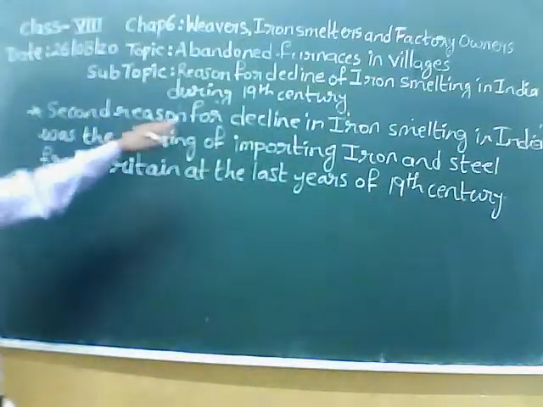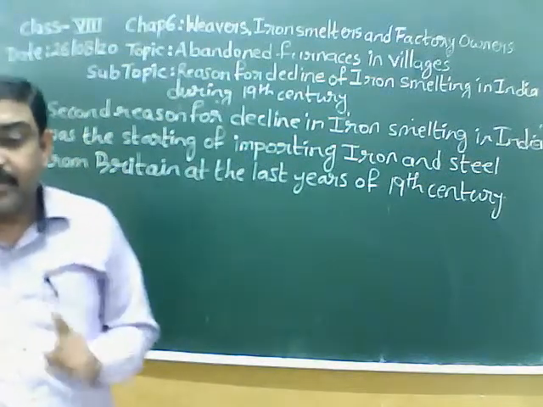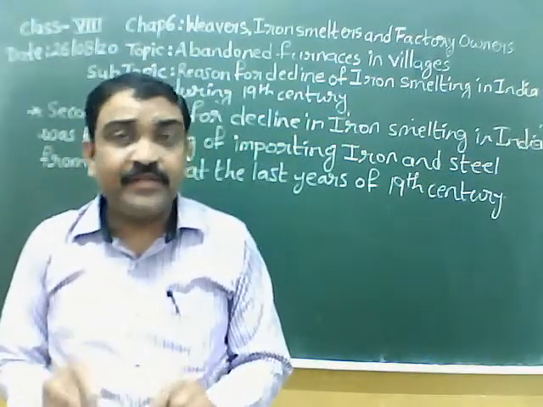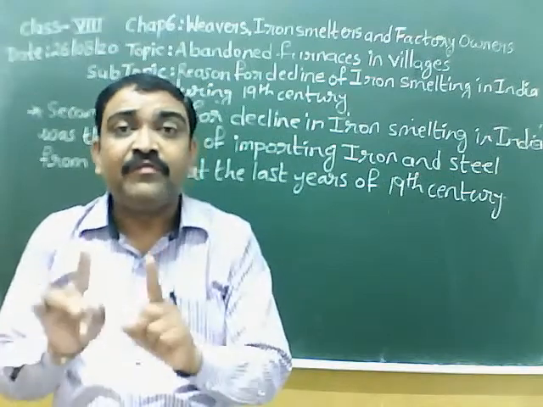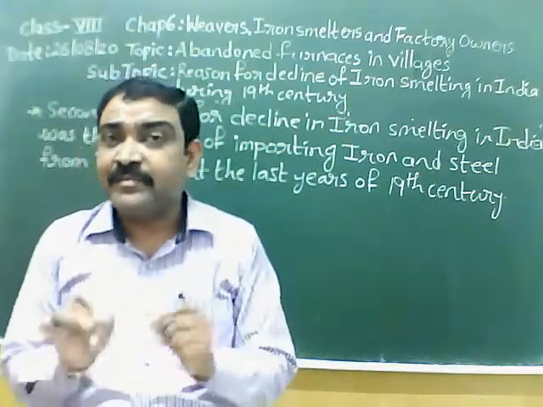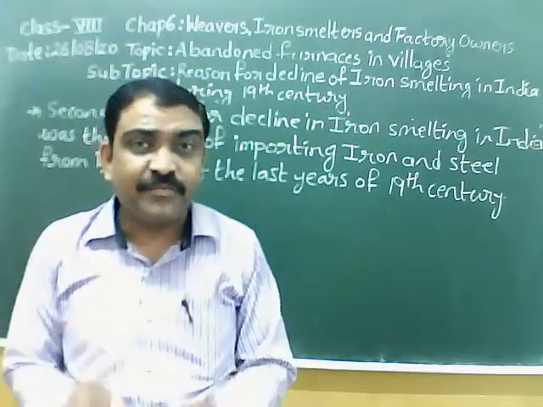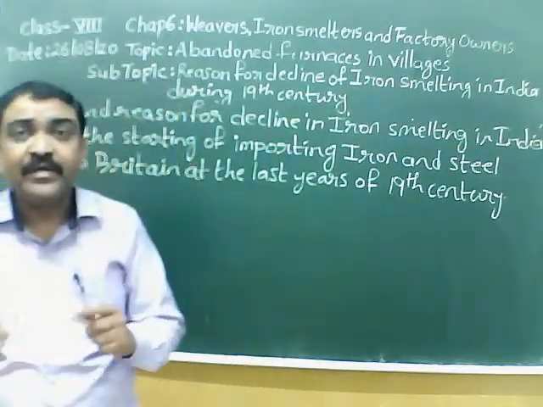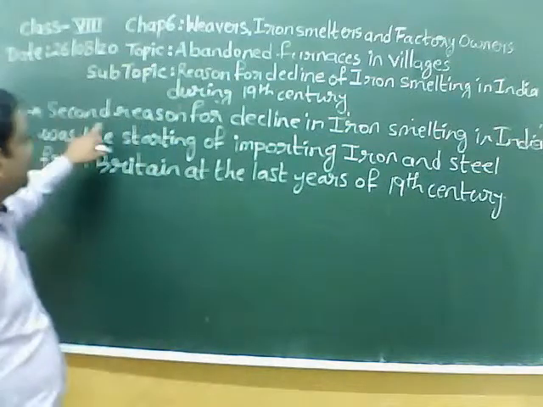The first reason for the decline of iron smelting industries was what? Forest law. Okay, so the first reason responsible for the decline of the iron smelting industry was the forest law. What is the second reason?